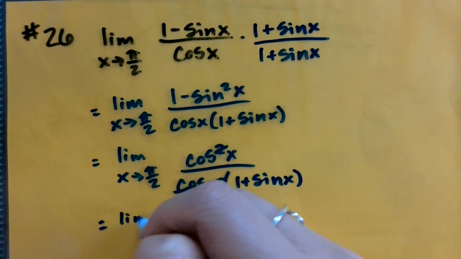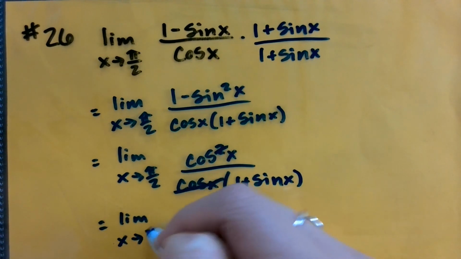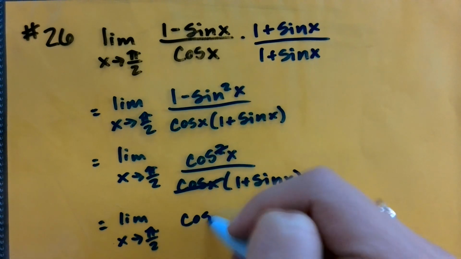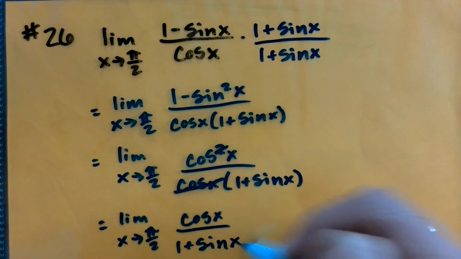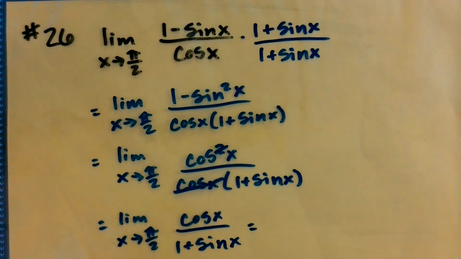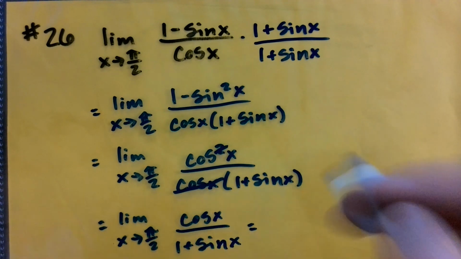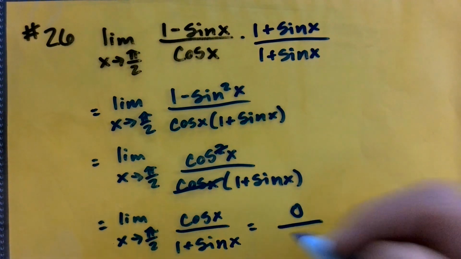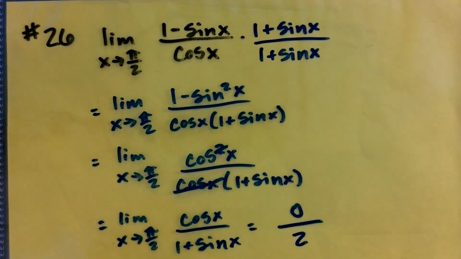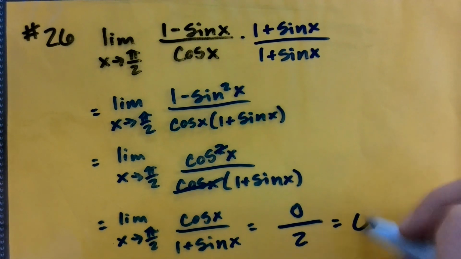So we've got a cosine in the top, and then a 1 plus sine in the bottom. And usually once you've canceled something, you are good to go. So at this point, I'm going to go ahead and plug in my pi over 2. Cosine of pi over 2 is 0. And then it really doesn't matter here as long as it's a value, but sine of pi over 2 is 1, so my denominator is 2, which makes our limit 0.